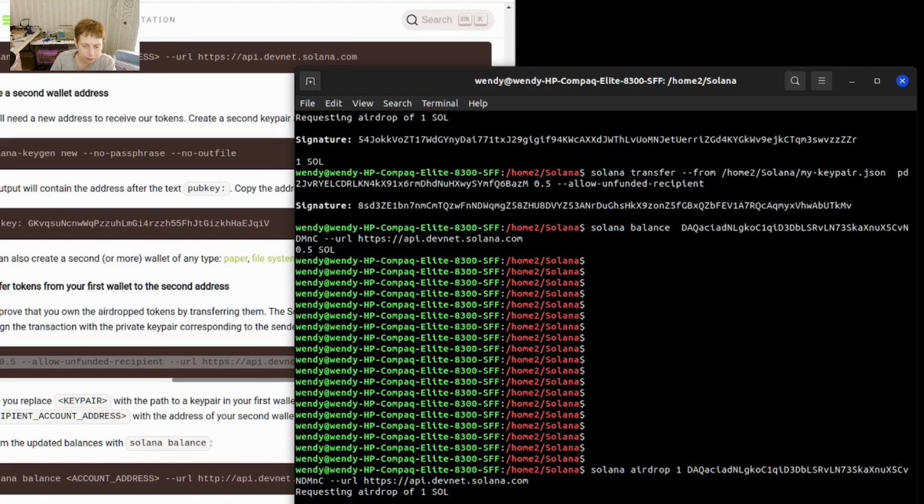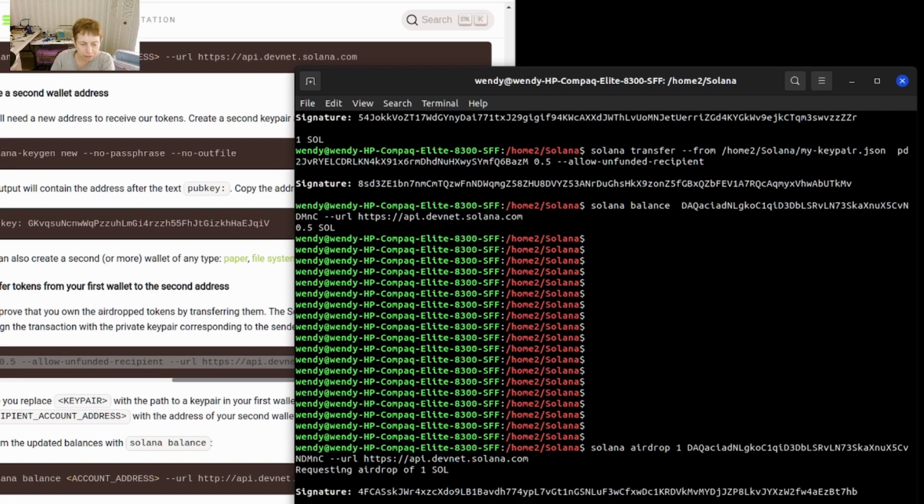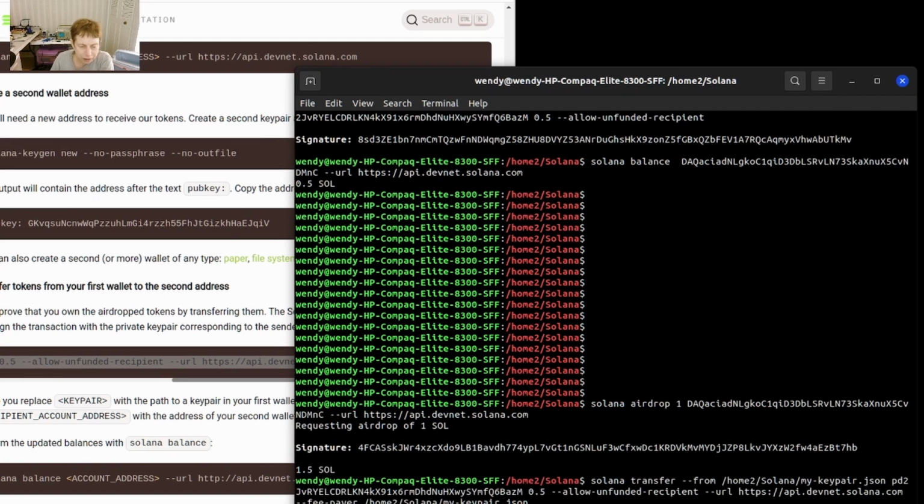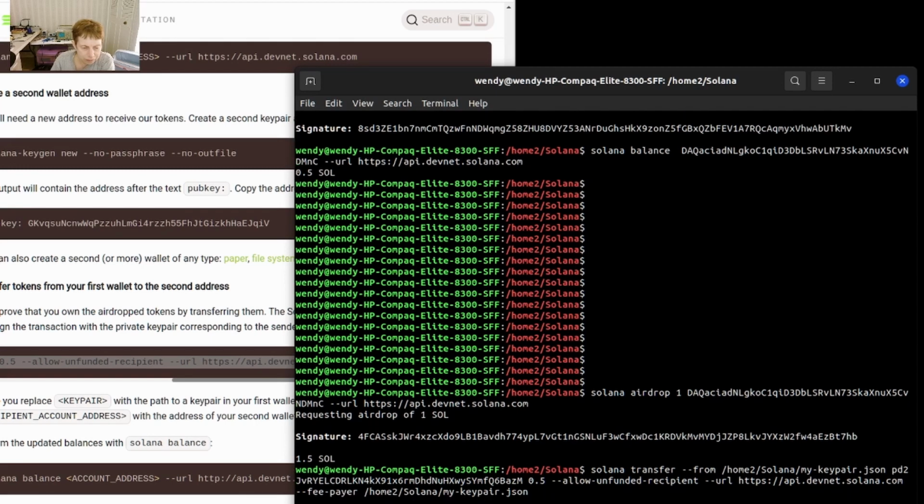This is saying what network and who's paying the fee. So let's see what happens. And let's look at the balance. Yeah. So I noticed that there was a fee taken out there.